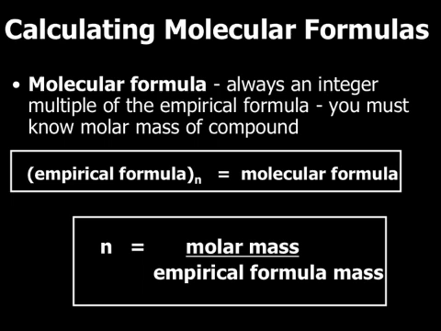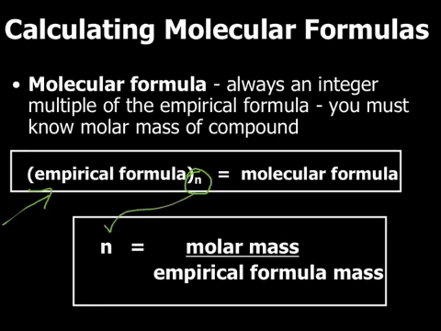The molecular formula is always an integer multiple of the empirical formula. To figure out what this number is, you have to know the molar mass of the compound, which would be given in the problem. As the center of the slide says, the empirical formula times n, which is this integer, gives you the molecular formula.